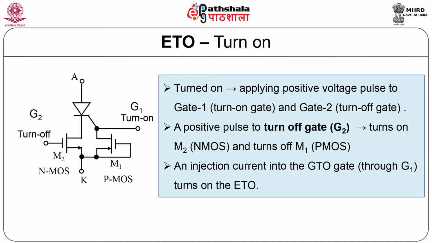By applying a gate pulse to the turn off gate, the transistor M2, that is NMOS, which is in series with the thyristor, will turn on. At the same time, another transistor, M1, will turn off. The injection current into the GTO gate turns on the ETO.